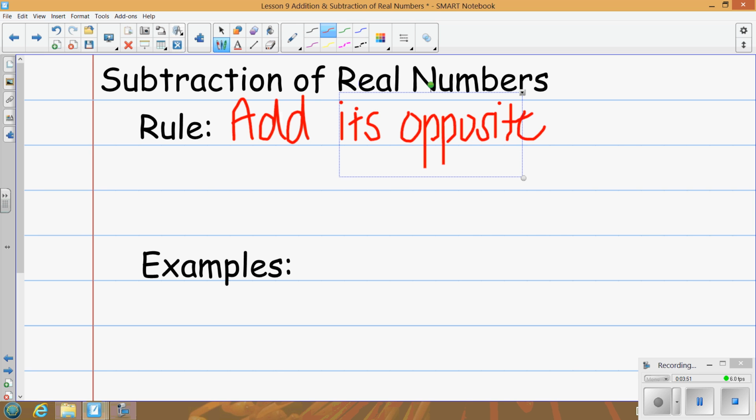So what that means is A minus B is the same thing as thinking of A plus negative B. I'm adding the opposite. Some of you have learned this as keep, change, change. So A minus B, you're keeping the first A, you're changing the sign to plus, and then you're changing the sign of B to negative. So it's just adding its opposite.